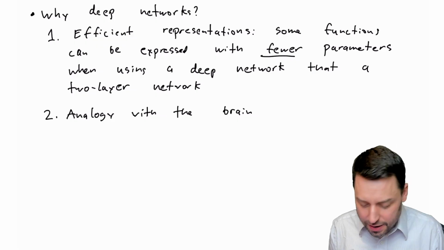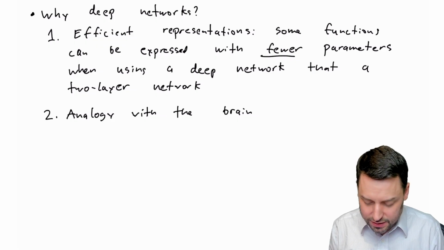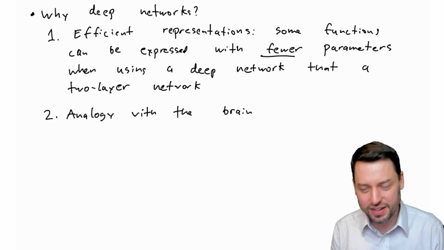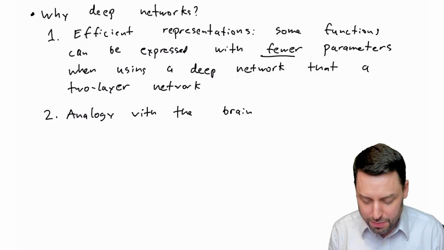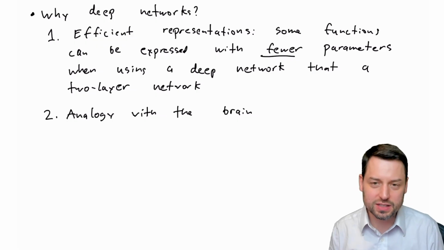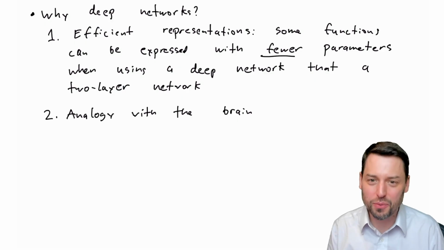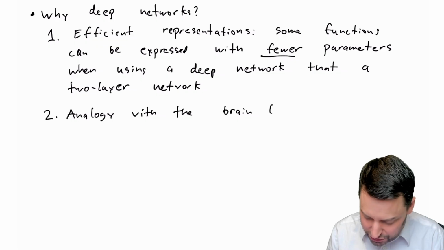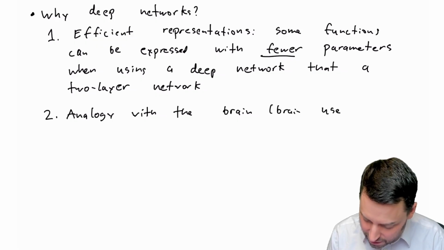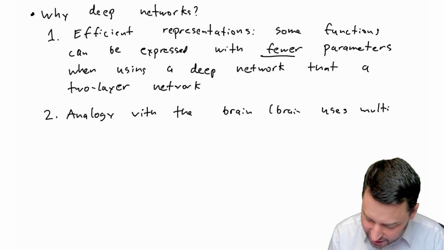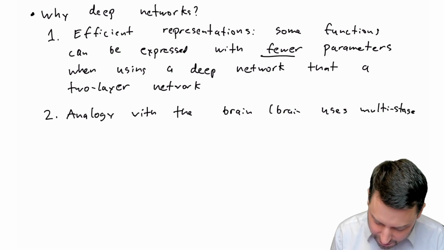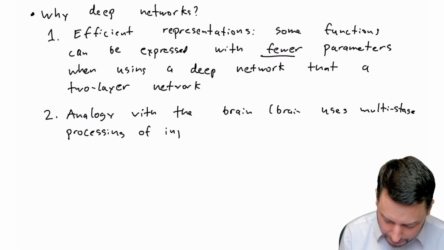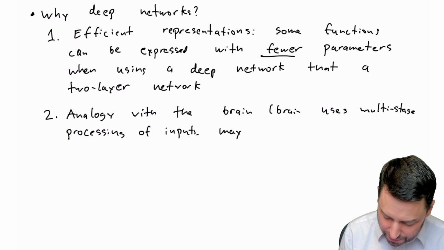This is true about the brain, but it's also in some sense a weak analogy. So I want to make this analogy, but I don't want to go overboard, because neural networks are not, in fact, a good model of the brain. But I'll just say, the brain uses multi-stage processing of inputs. Maybe we should too.